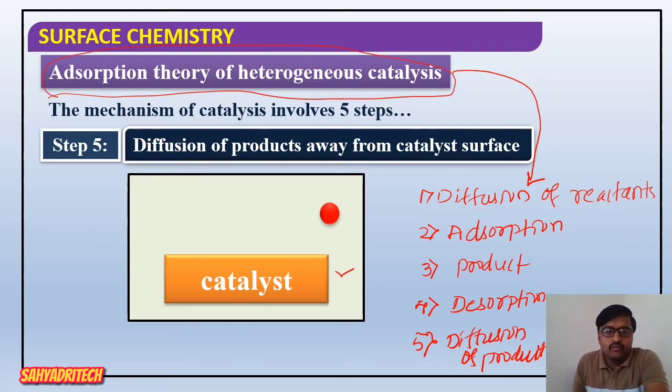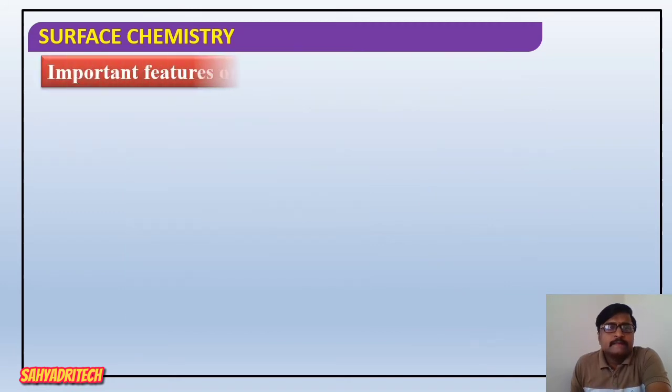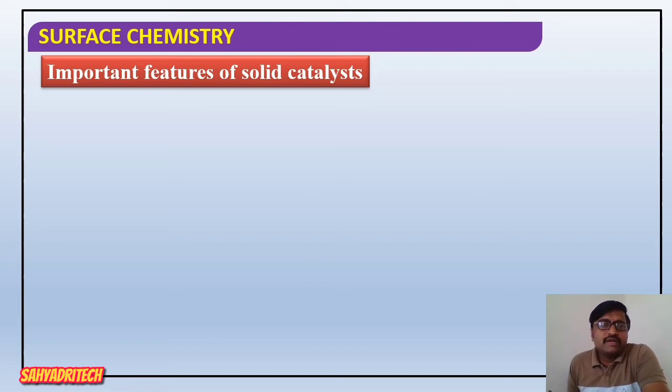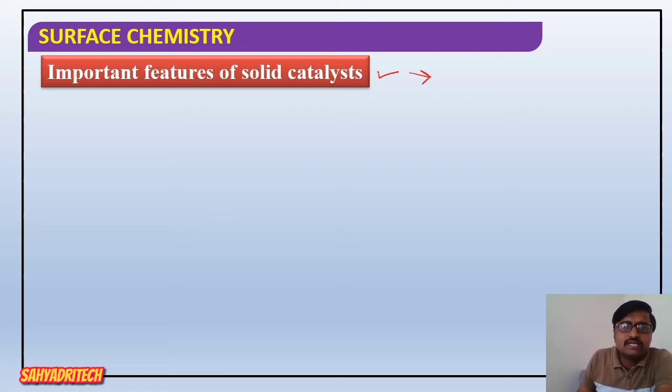Okay, well, the important features, if I consider characteristics of a solid catalyst. Characteristics, or I can say important features of a solid catalyst. So in general, all solid catalysts are going to have two important features.